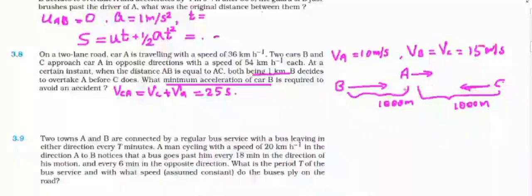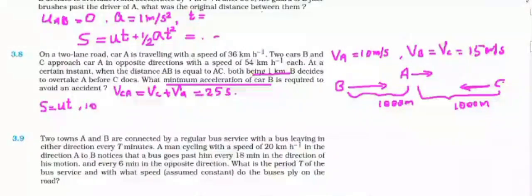So then how much time C takes to reach A. C is moving with the uniform velocity. As C moves with the uniform velocity, then we can use the formula S is equal to UT. So S is how much? 1000. Substitute the values there.